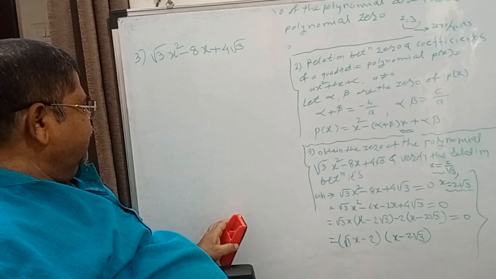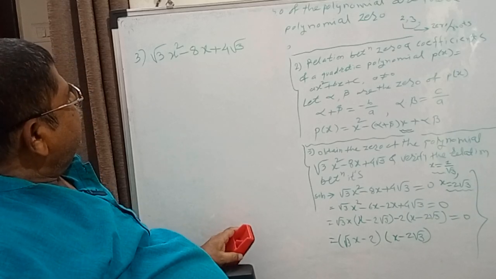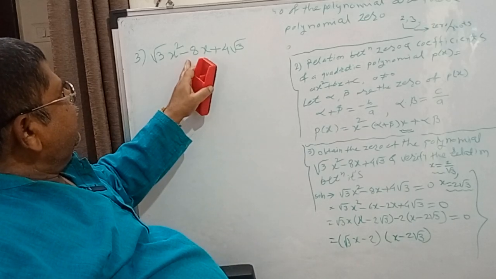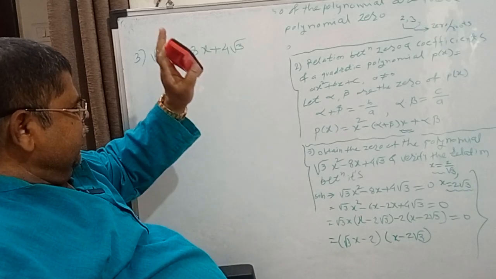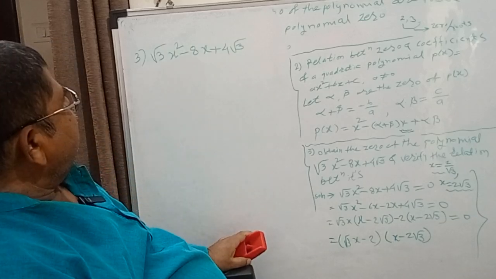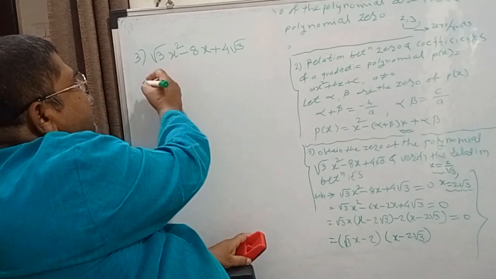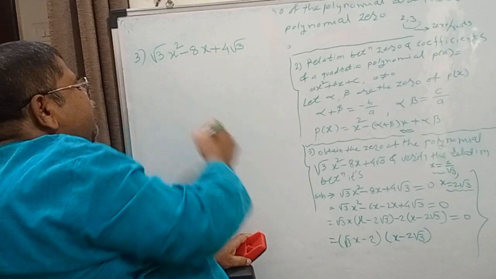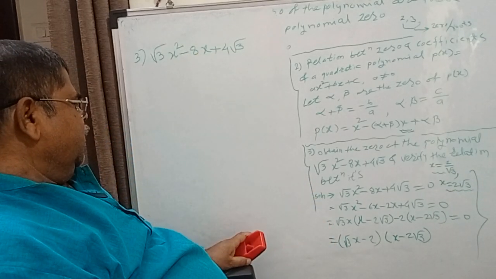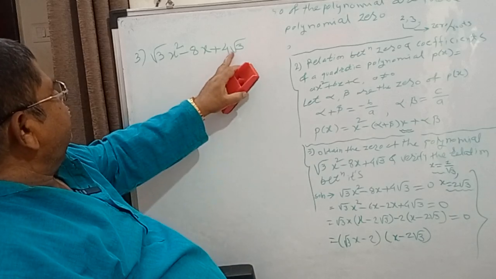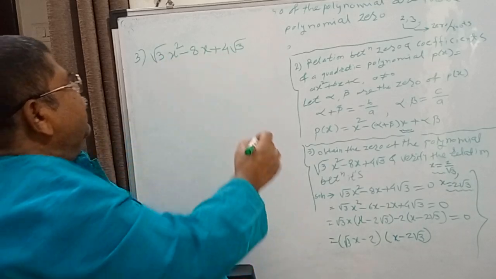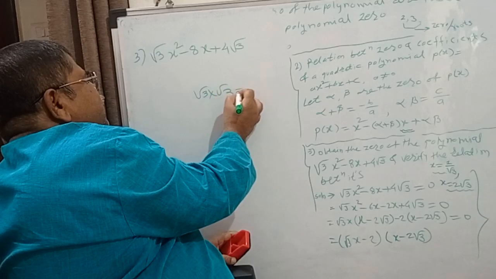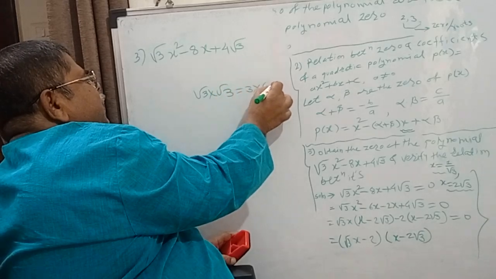Find the value of x. How? This is a quadratic equation. Minus 8, plus 4 root 3. Root 3 into root 3 we get 3, and there should be minus 8. So here it should be 12: 3 into 4 is 12, root 3 into root 3 is equal to 3.